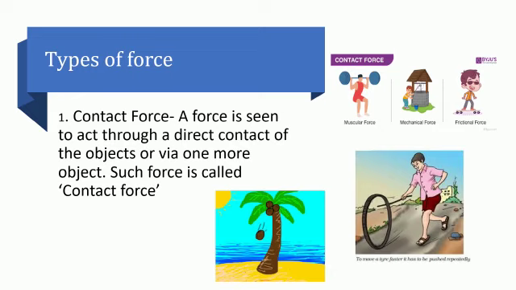When electrostatic force acts on the paper, the pieces of paper touch the comb. Muscular force is also an example of contact force. It is used for lifting, pushing, pulling, etc.